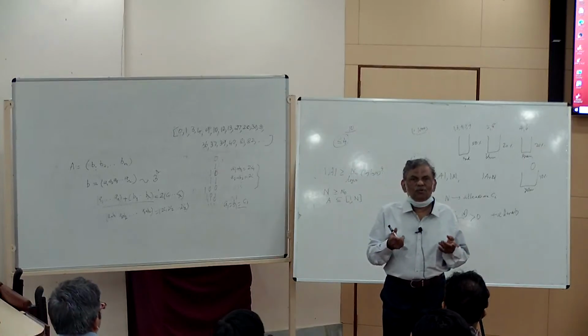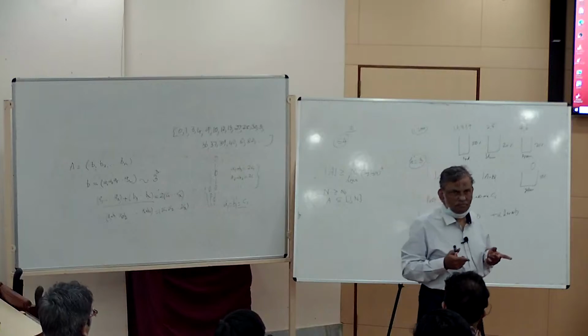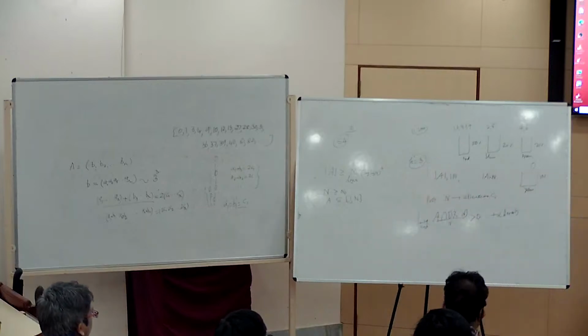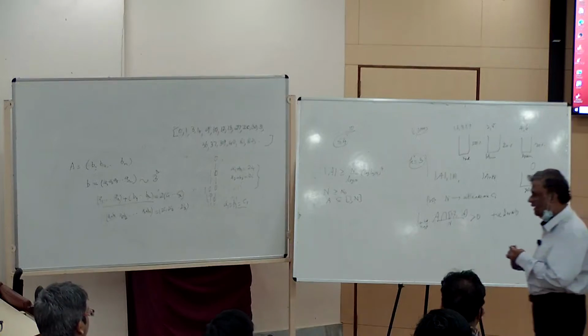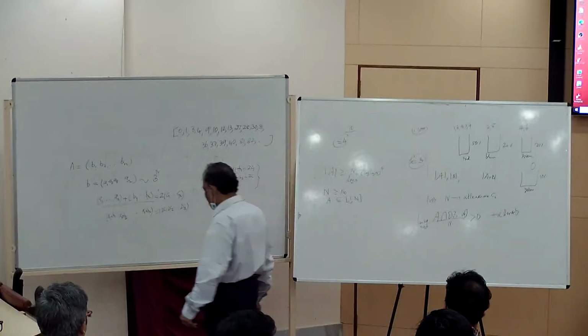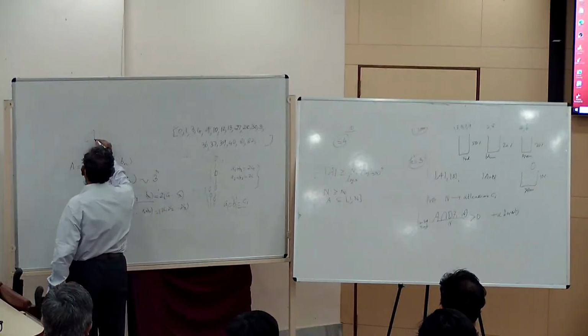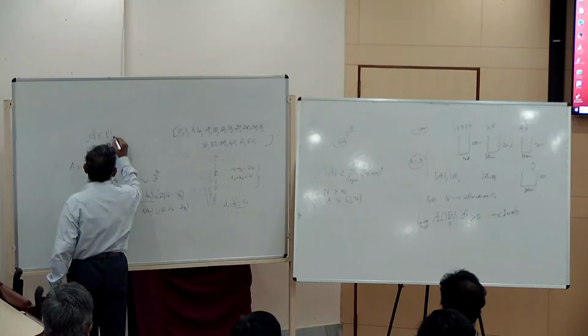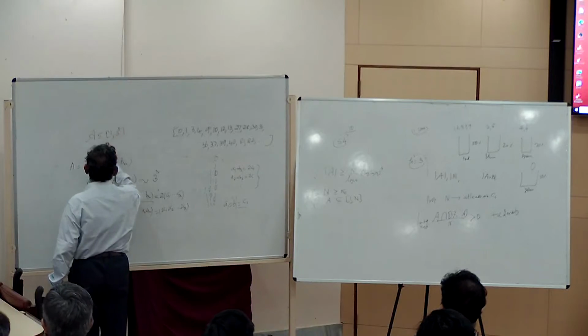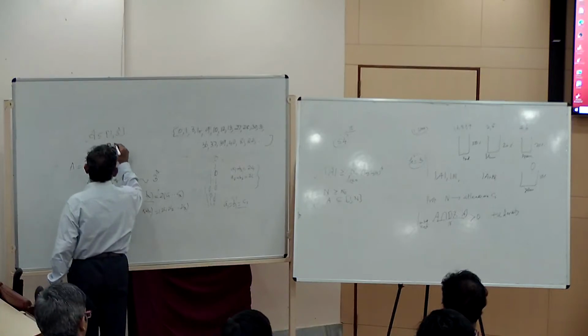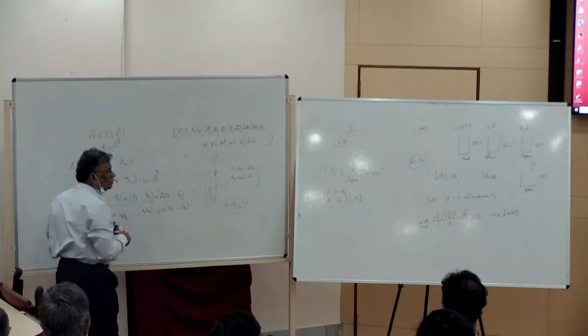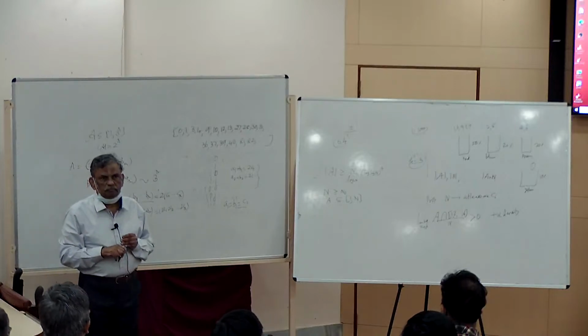Therefore, this will produce only 2 power r elements. Therefore, your set A will have only 2 power r elements in 1 to 3 power r. So you have produced a set A in 1 to 3 power r which has around 2 power r elements.